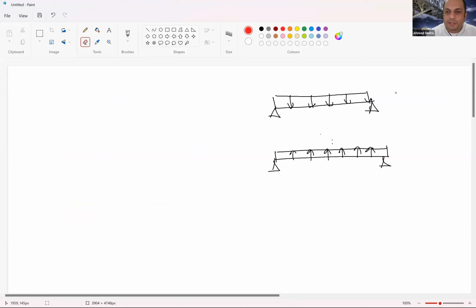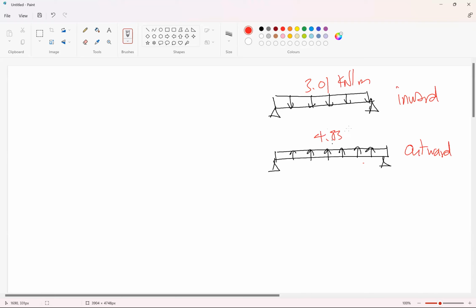Yeah, the top one is the inward, which from our example was 3.01 kilonewton per meter. The second one is the outward, which is 4.83 kilonewton per meter.